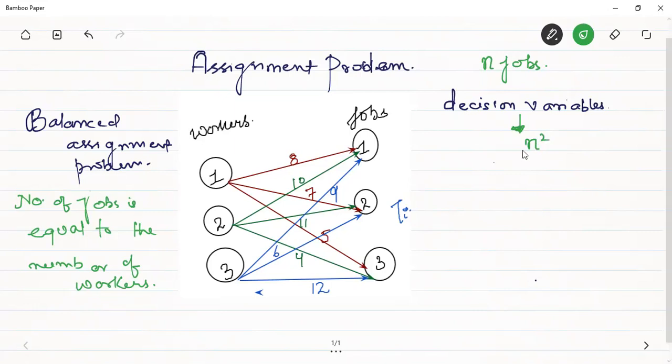The most important thing here is that the decision variables, that is x_ij in this case, are binary variables.